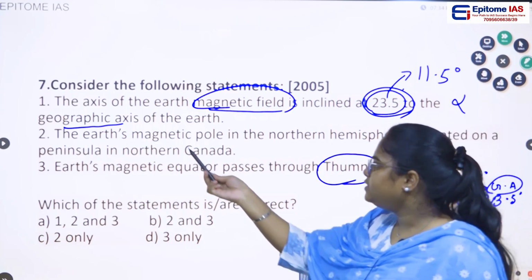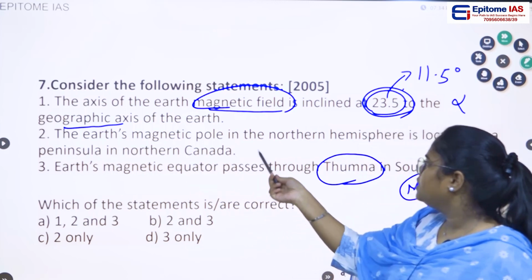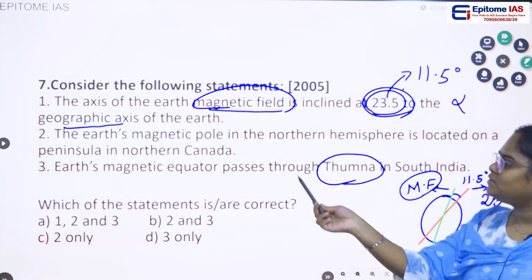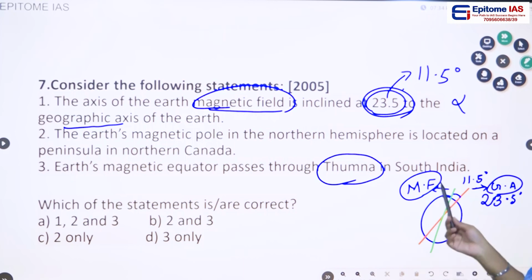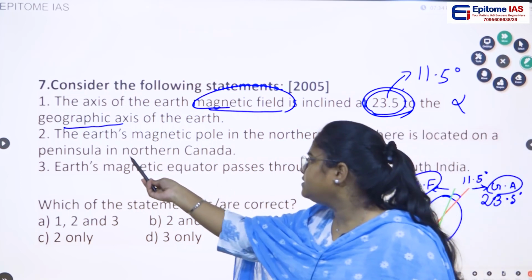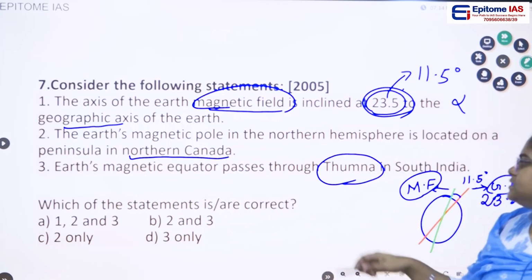Statement 2: the Earth's magnetic pole in the northern hemisphere is located on a peninsula in northern Canada. They are talking about the magnetic pole, which is the green color line. They are saying that it passes through the peninsula in northern Canada. Yes, this is correct.